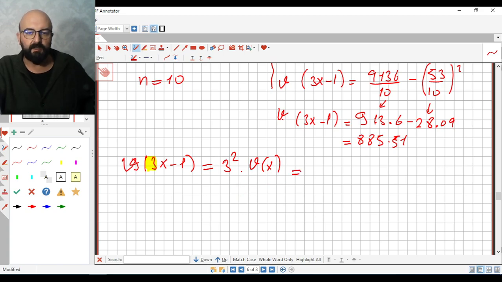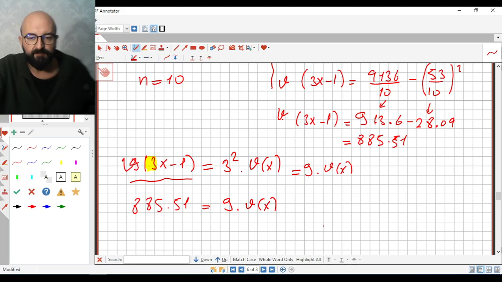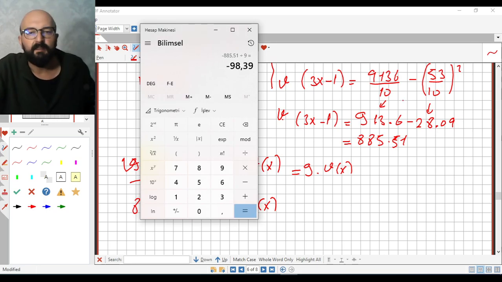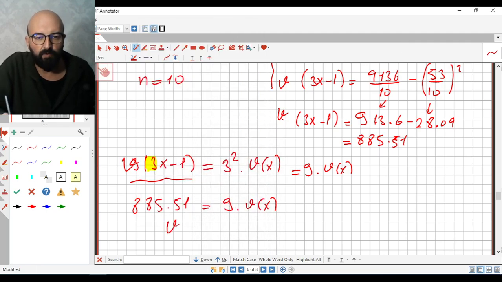So 9 multiplied by the variance of x, and we found 885.51 means 9 multiplied by the variance of x, and then over 9, 98.39 is the variance of x.